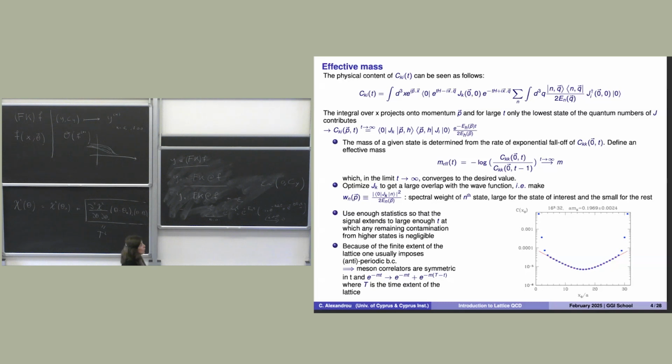Okay, so this is the result in the infinite Euclidean time limit. Of course, we can never take infinite time on a finite computer, and we will see what the complication is from not being able to take this infinite limit.